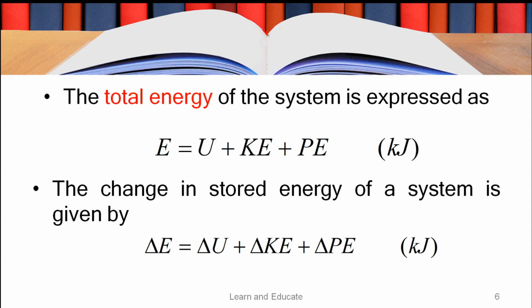And the change in stored energy of a system during a process, when there is some kind of energy transfer taking place, the change in energy is denoted by delta E. Delta stands for final state minus initial state. So delta E is the sum of change in internal energy plus change in kinetic energy plus change in potential energy. So kinetic energy as well as potential energy are at the system level and internal energy at the molecular level.